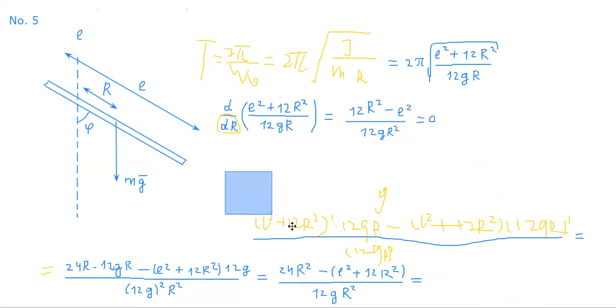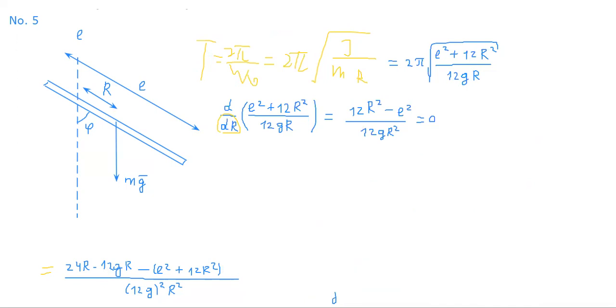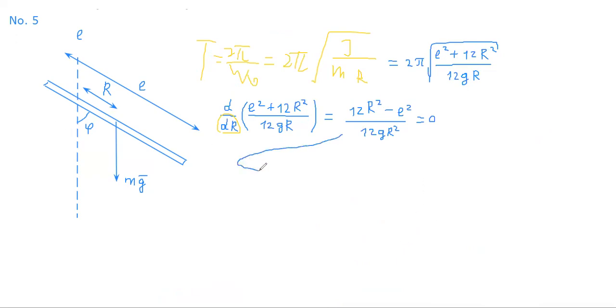And according to this we can find from here that r should be equal to plus or minus L divided by square root of 12.